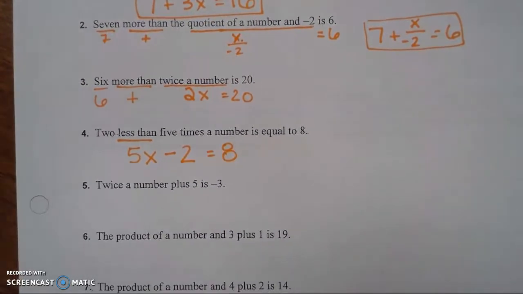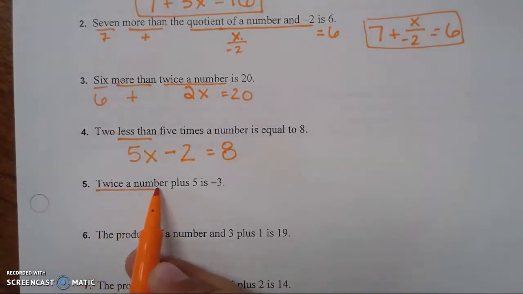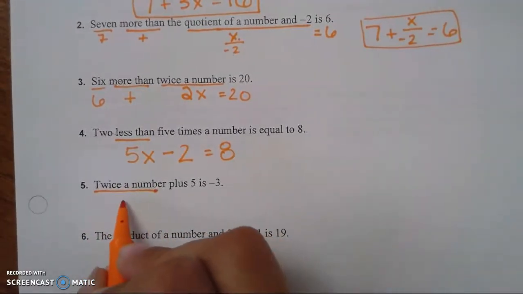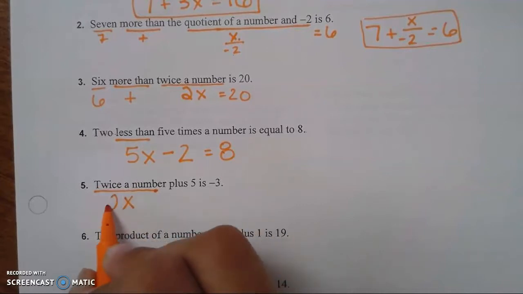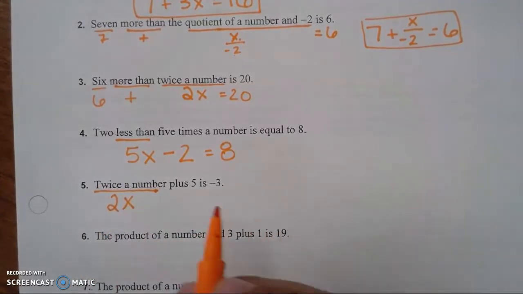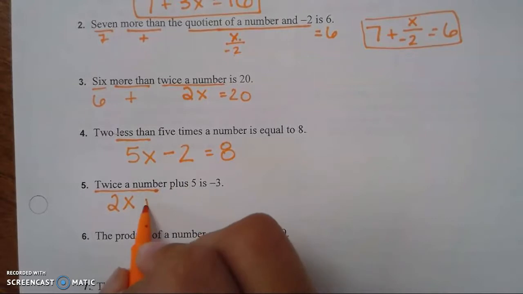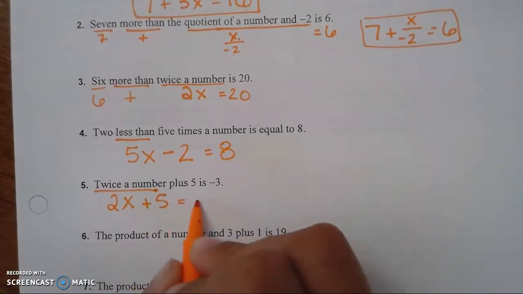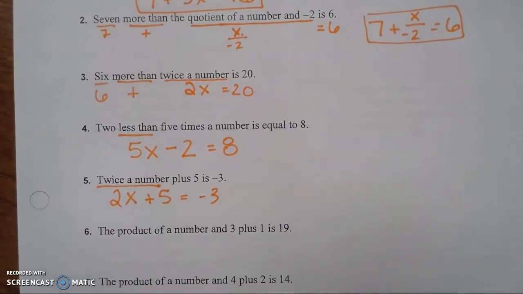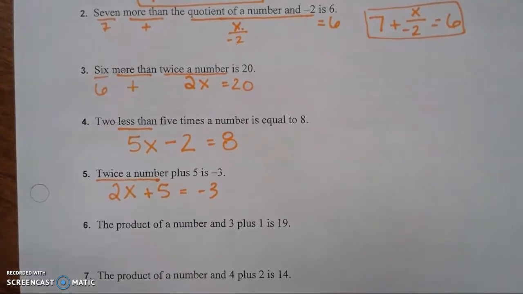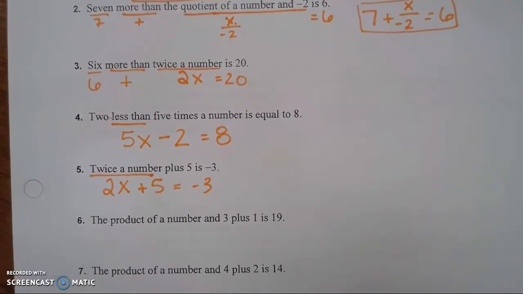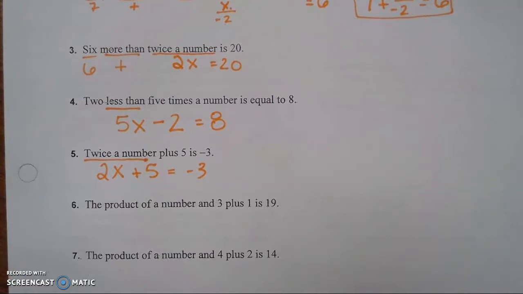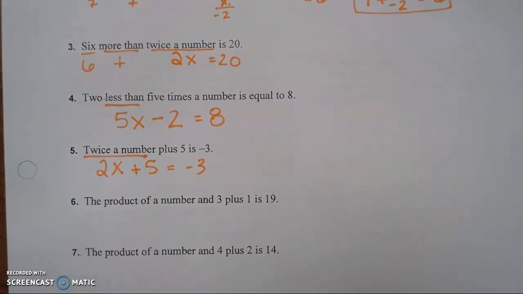Next one here, twice a number plus 5 is negative 3. So again, twice a number, that means that you're taking a number times 2. So 2x plus 5 is negative 3. All right, let's do one more here, and then we'll move on to word problems because that's what I want to focus on.